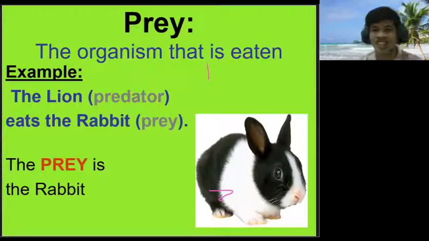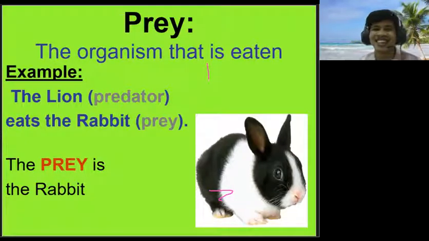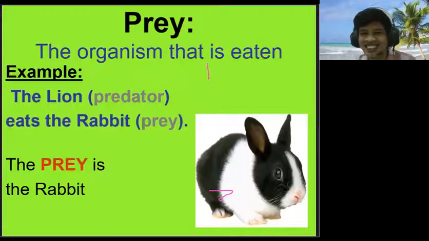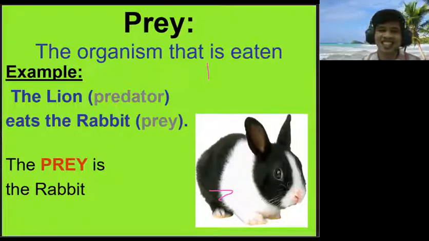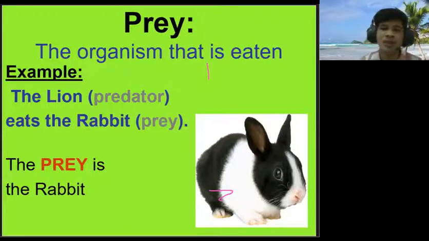Bloom said coconut tree. That is correct, a coconut tree. Or plants. Producers are the plants and consumers are the animals.